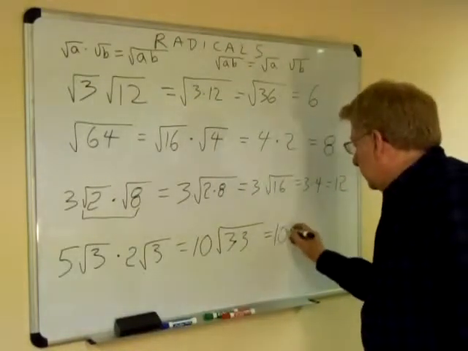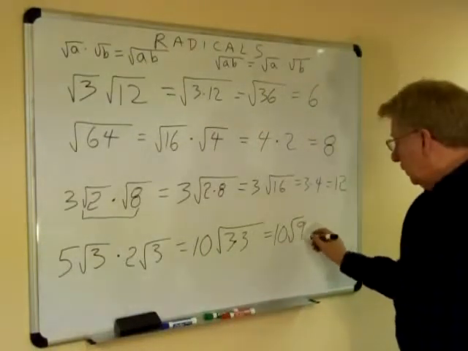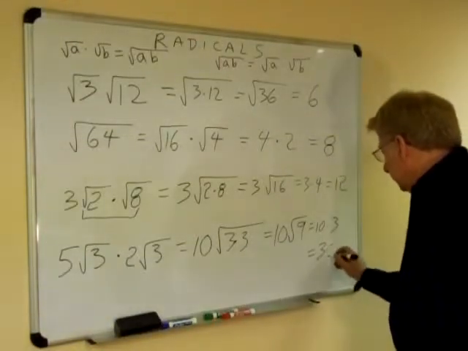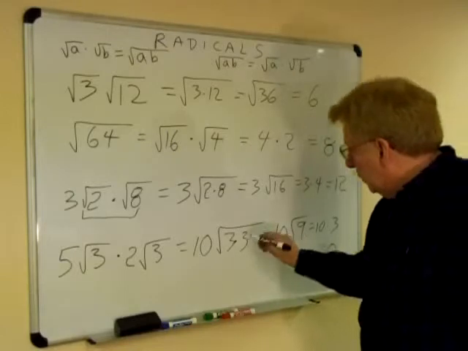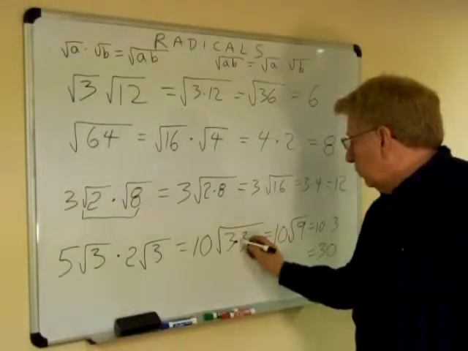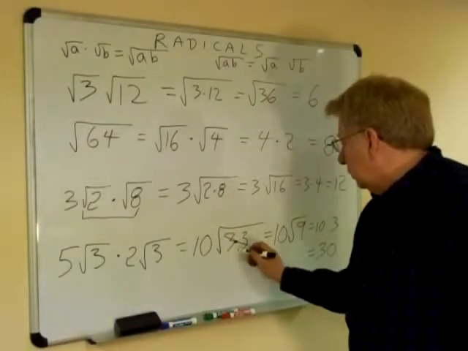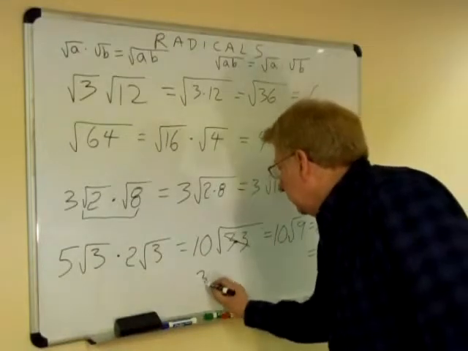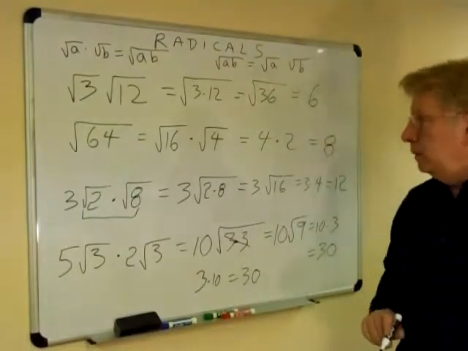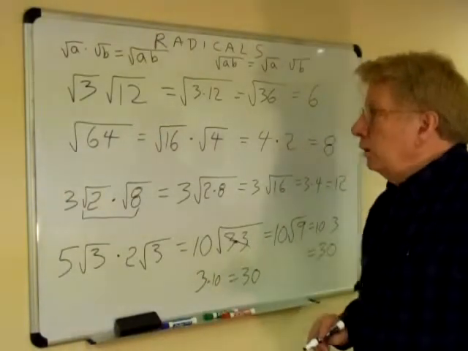So that's 10 times the square root of 9. 9 is a perfect square, and its root is 3, so we have 10 times 3, which is 30. Whenever we have the same number under the root times itself, we can remove the radical and put a 3 on the outside; 3 times 10 is 30. Those are a few examples of the product property.